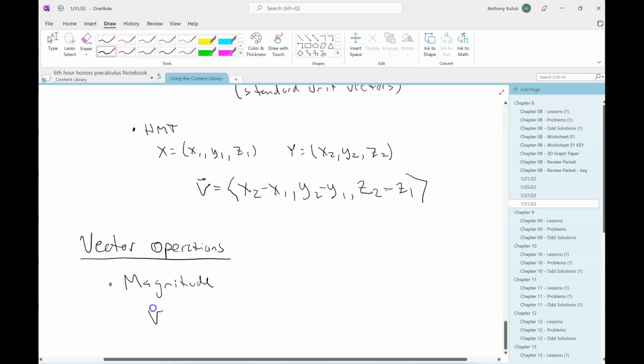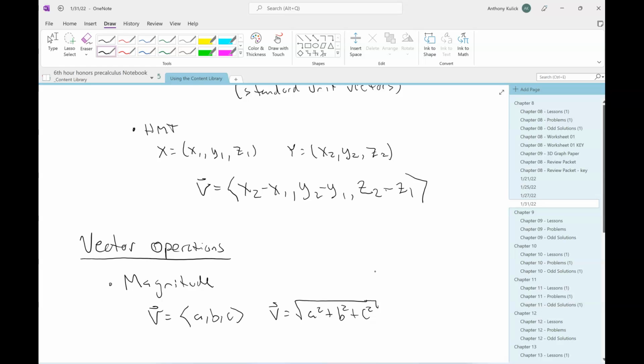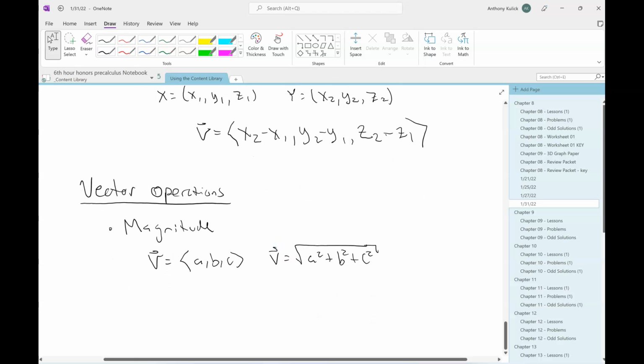So magnitude, previously, if we had a vector in component form in 2 dimensions, its magnitude was just the x component squared plus the y component squared, all square rooted. In 3 dimensions, it's just the x component squared plus the y component squared plus the z component squared, all square rooted. Nothing funny there.